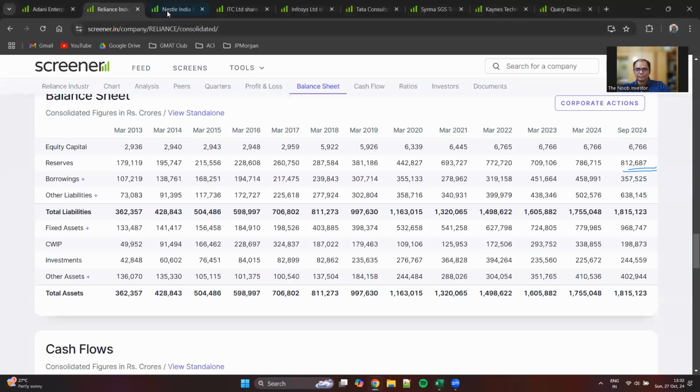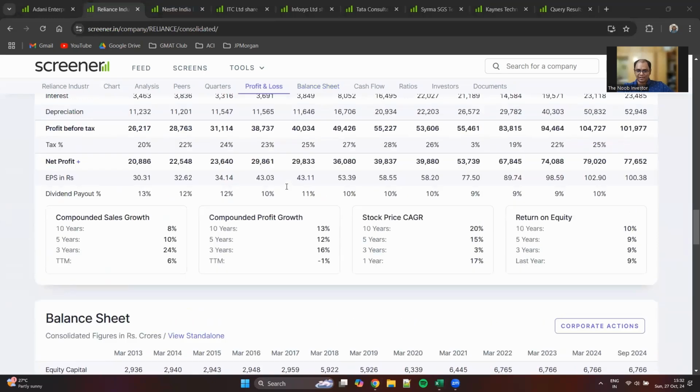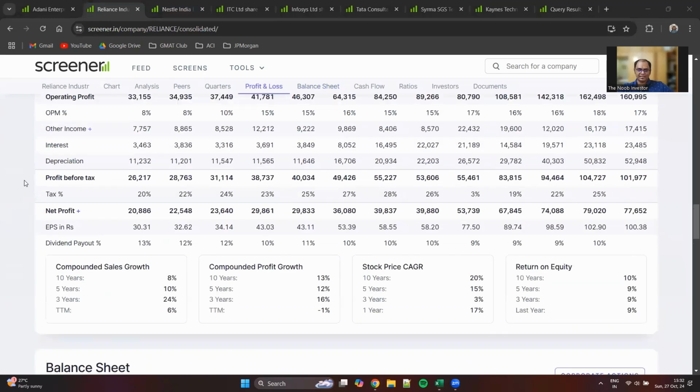Okay. Vinod, one question. Why would a company keep this cash and not give dividends? So Reliance is a very unique company in that case. In general, if you see Reliance dividend payouts, it has been 10%, 11%. They don't pay out dividend.